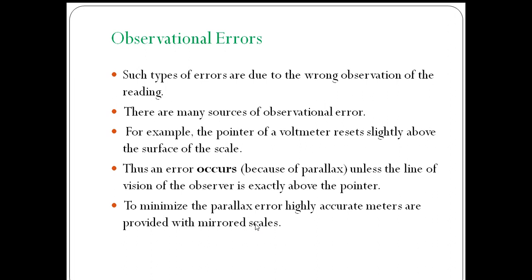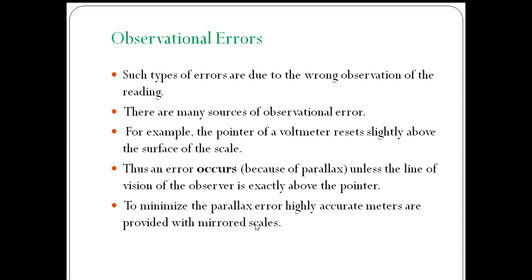Let us take an example. A pointer of a voltmeter rests slightly above the surface of the scale. Thus, an error occurs because of parallax unless the line of vision of the observer is exactly above the pointer.